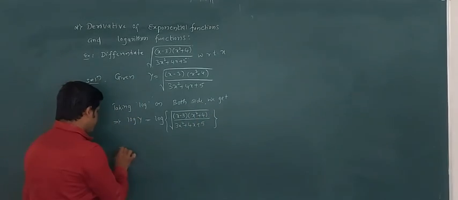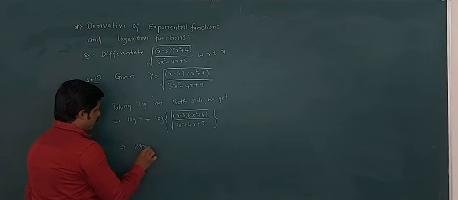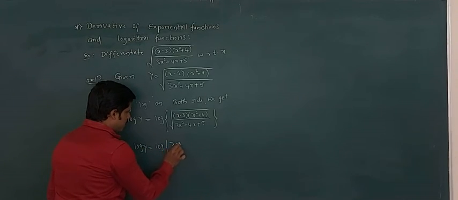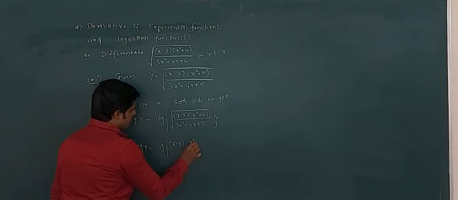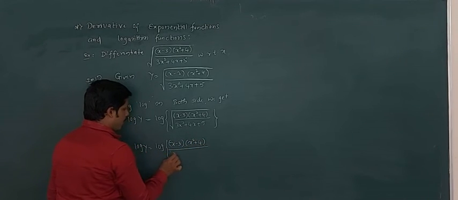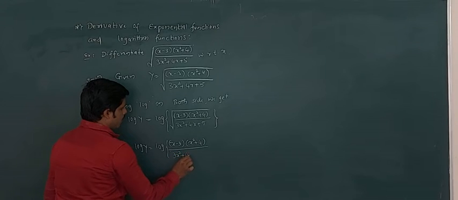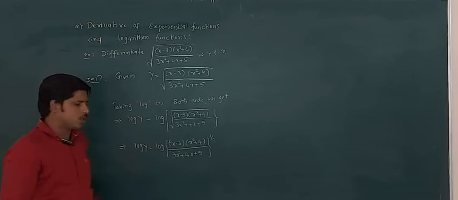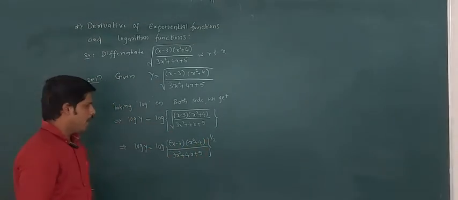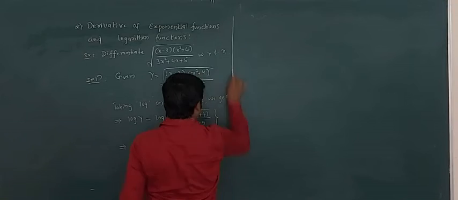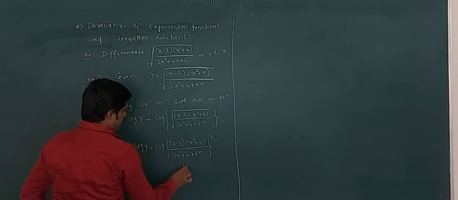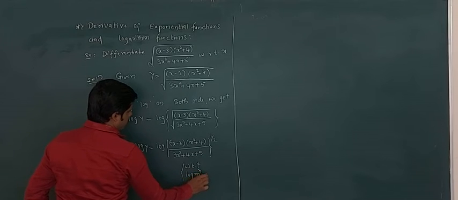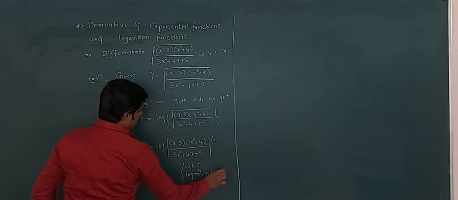This can also be written as log y is equal to log of ((x minus 3)(x square plus 4) divided by (3x square plus 4x plus 5)) whole to the power 1 by 2, because the root can also be written as a power 1 by 2 by applying the third property, because we know that log m to the power n is equal to n into log m.